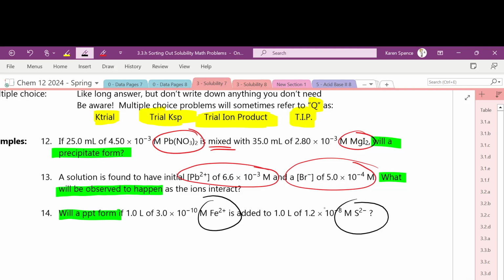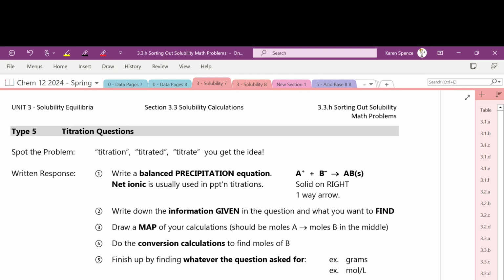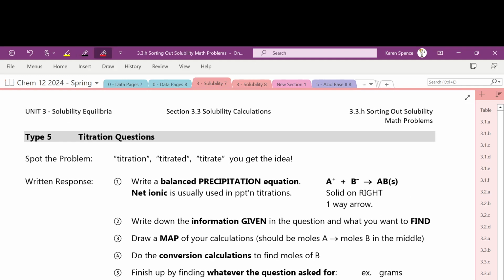And the last type of question, type 5, titration, precipitation. And remember, you need to have a balanced equation, and what type of equation?